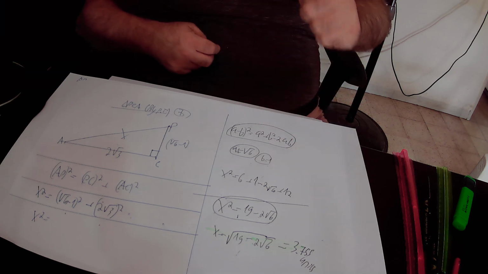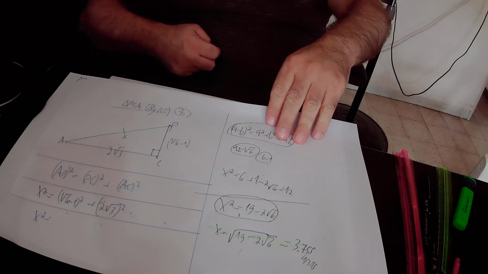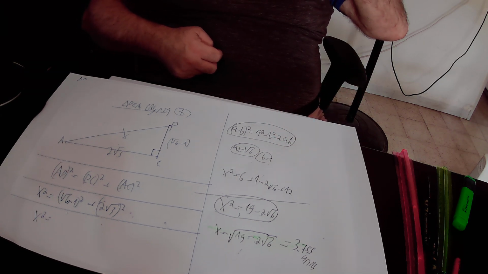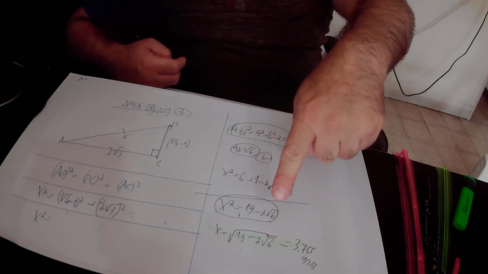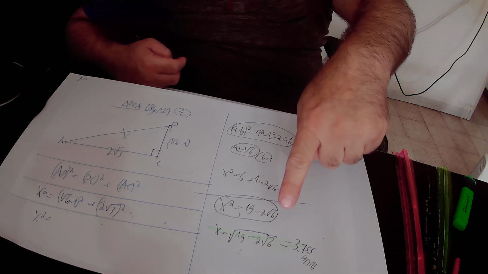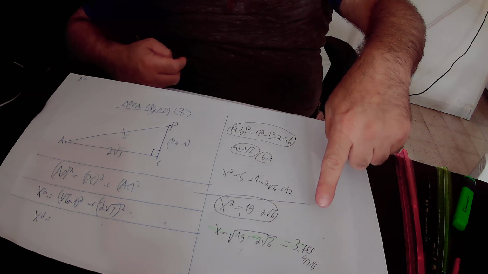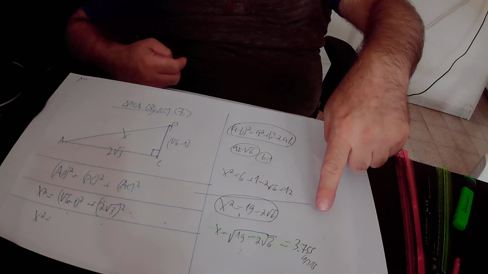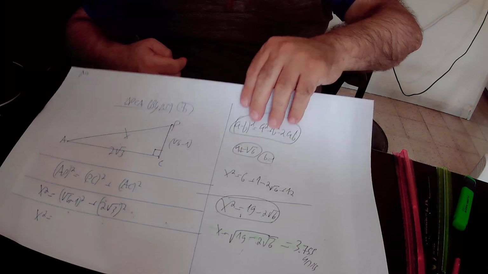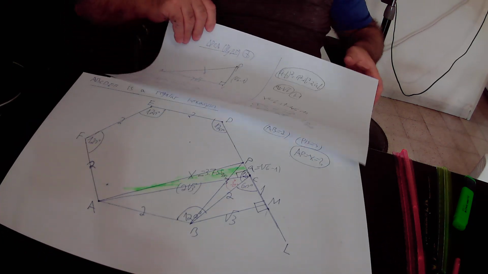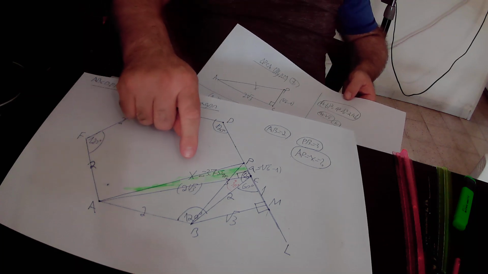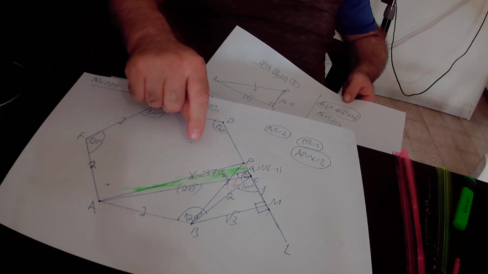This is the value of x squared, of course. Taking the square root of this equation, we find that x equals the square root of 19 minus 2 times square root of 6, or in terms of numbers, 3.755 units. Repeat again, that's the length of AP, that is x, the line segment that we are looking for in this question.